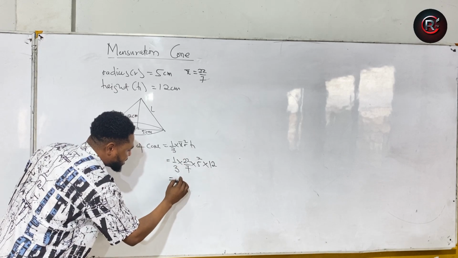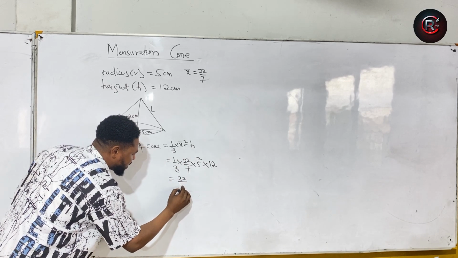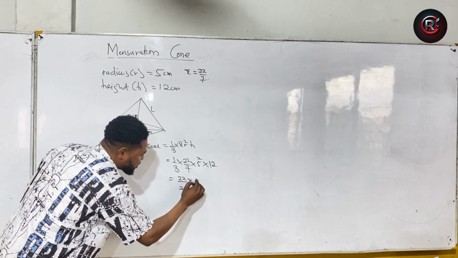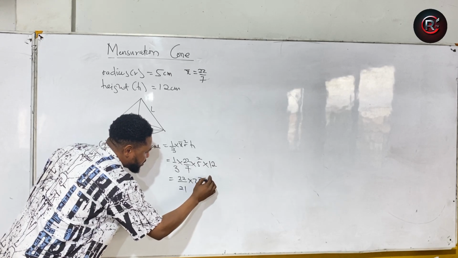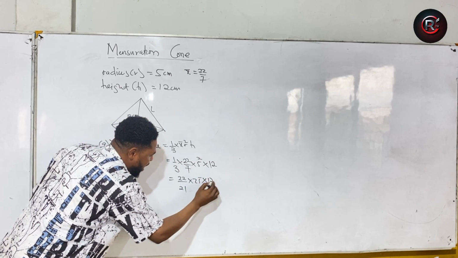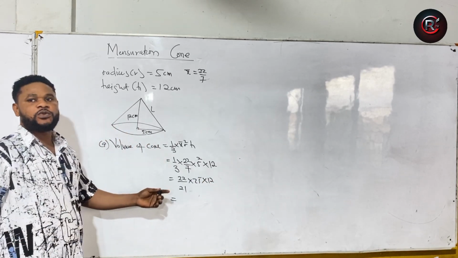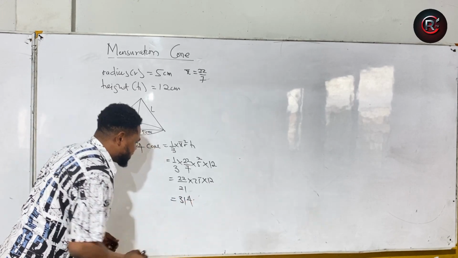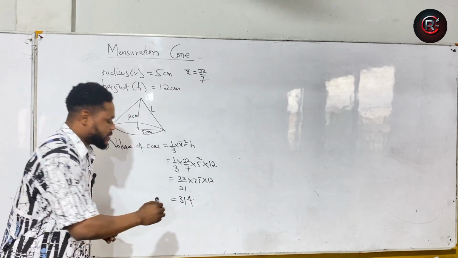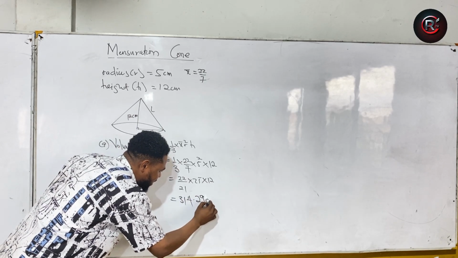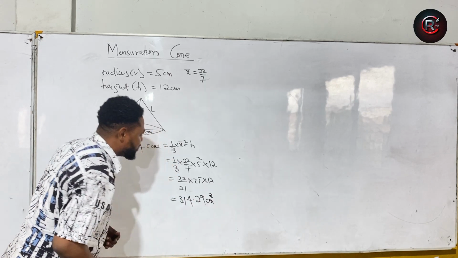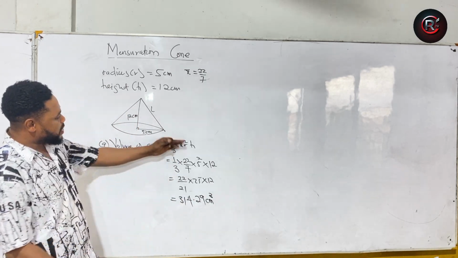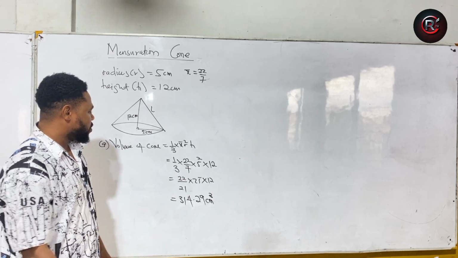Breaking this down, we have 22/21 multiplying 25 times our height. And when we work this out, to 2 decimal places, we are going to have 314.29 centimeter cube since it's volume. So this is how we can get the volume of the cone.